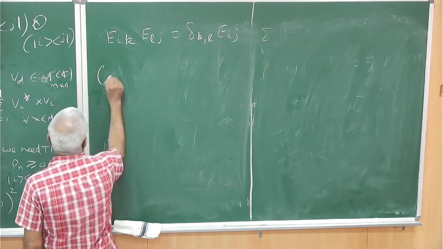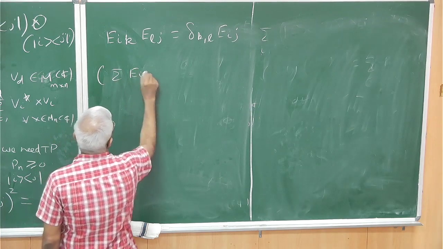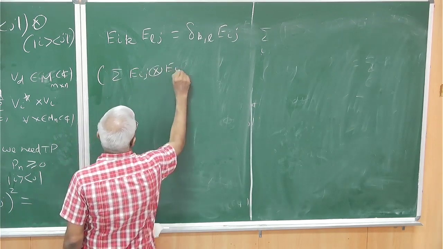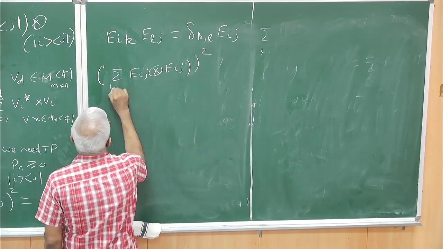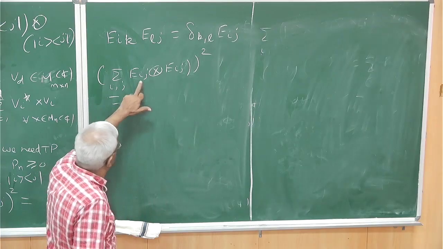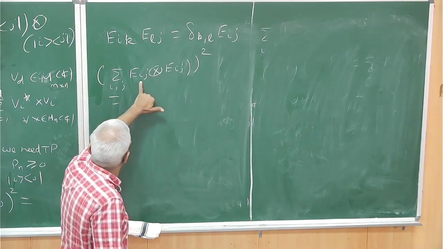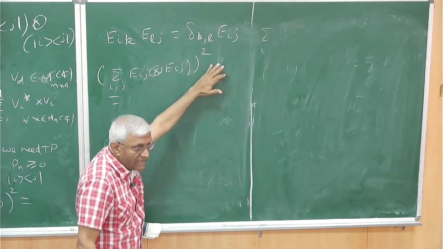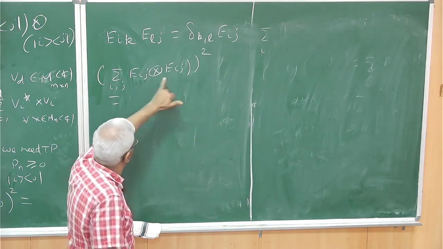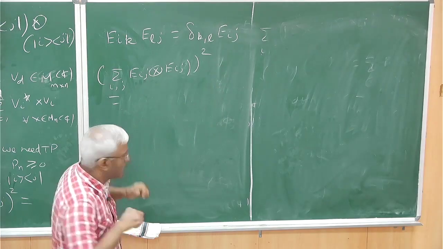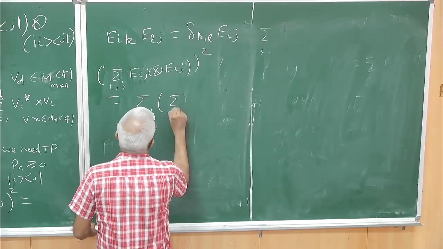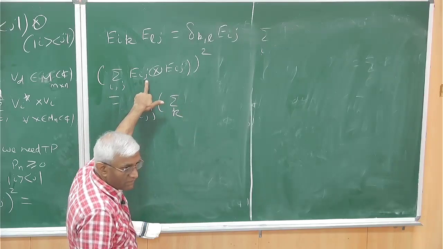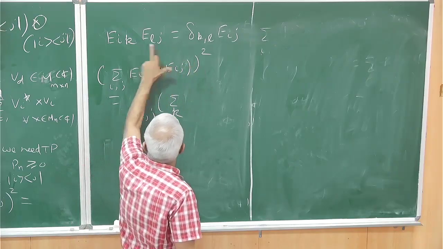Pn is this, right? Summation Eij tensor Eij. So for the square, it will be summation over i, j. If you have Eij in that, the next one will be E_kl or something. Only j equal to k will matter, otherwise it's zero. These two should be equal.